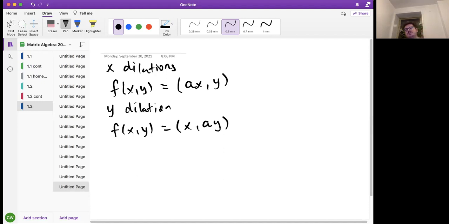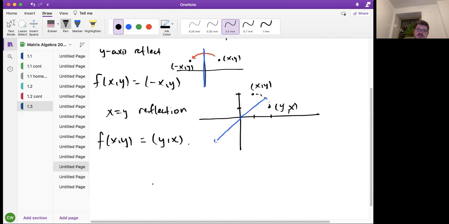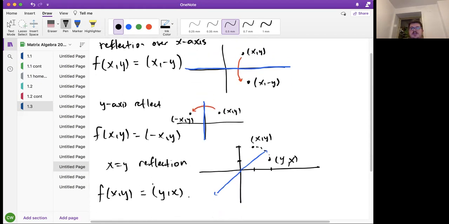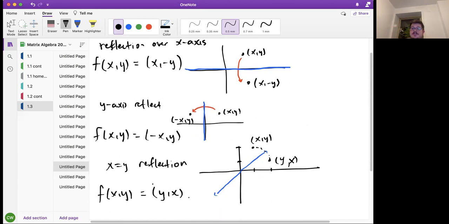So any multiple of x, or any multiple of y, which is like a stretch or a shrink. So maybe we've seen these before. So now I claim that all of these functions can be represented as matrices.